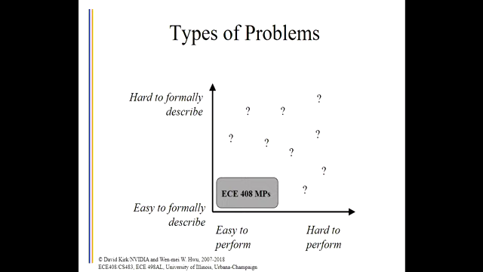Some of the problems we know exactly how to solve. When you take a 374 class, you will be able to take an exam and describe exactly how you're going to sort a list of elements. So that's relatively easy to describe.